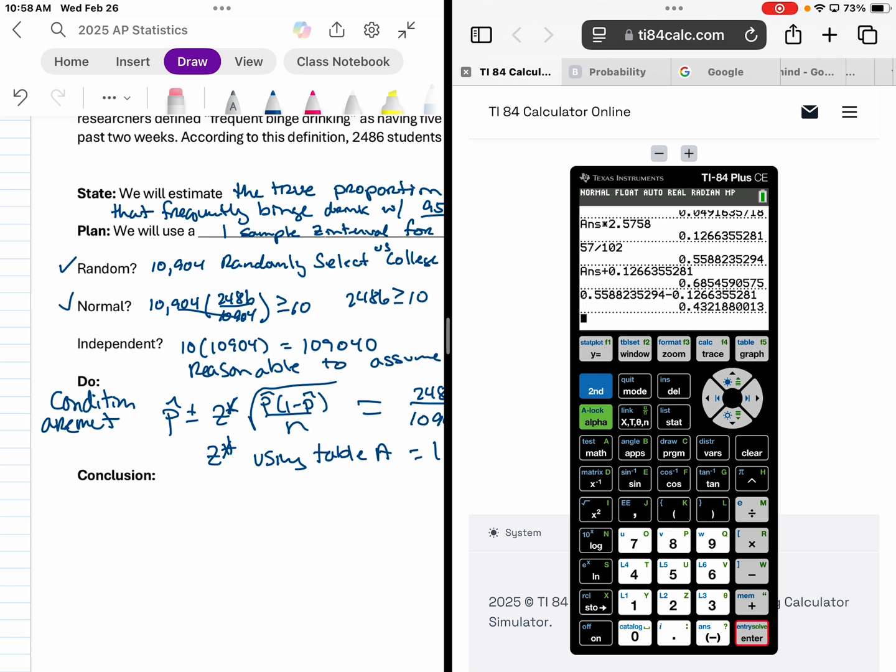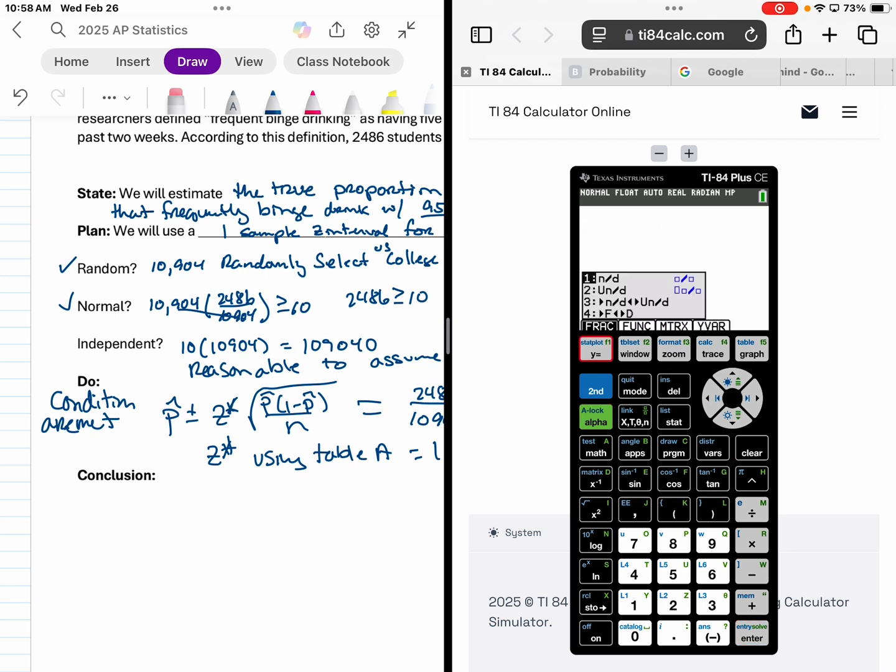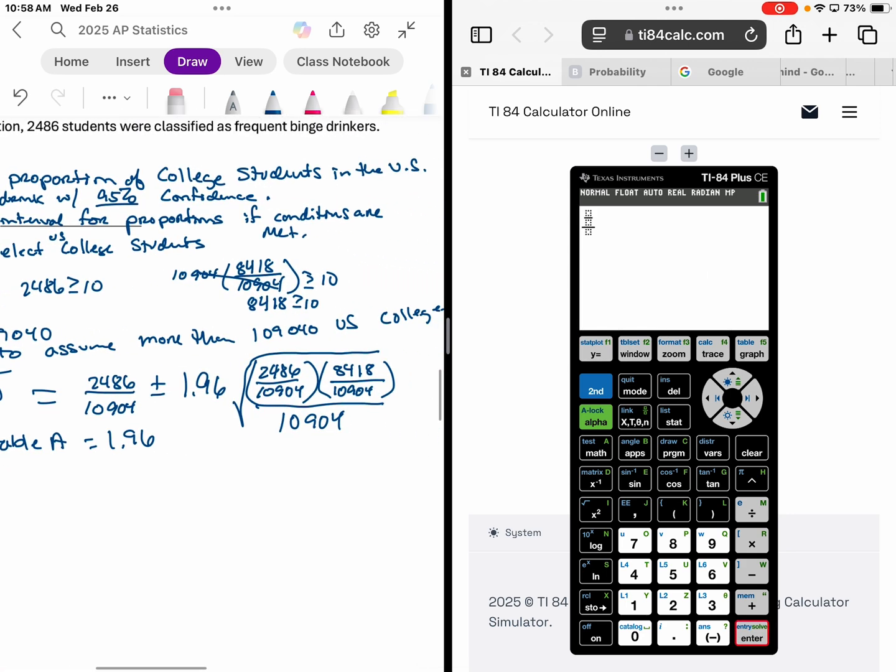Okay? So I'm going to get to my calculator and I am going to start doing the fraction part. So with that inside, clear the screen. Alpha, y equals, give me a fraction. Give me another fraction on top. And we got 2486 over 10904. And then times another fraction. 8418 over 10904 on the bottom.